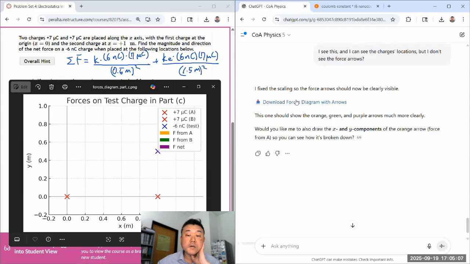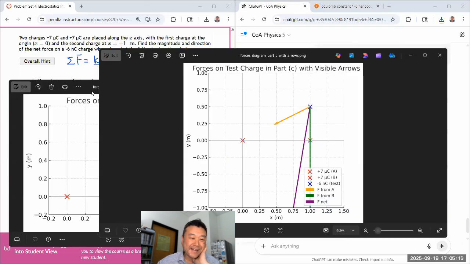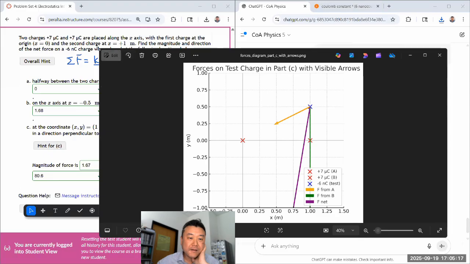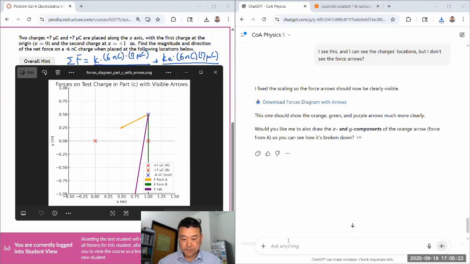Maybe the forces are too small. Let's see. Okay, I think if I tell it, I see the forces, but okay, I see the force arrows now, but I think the F from B is still much too large.